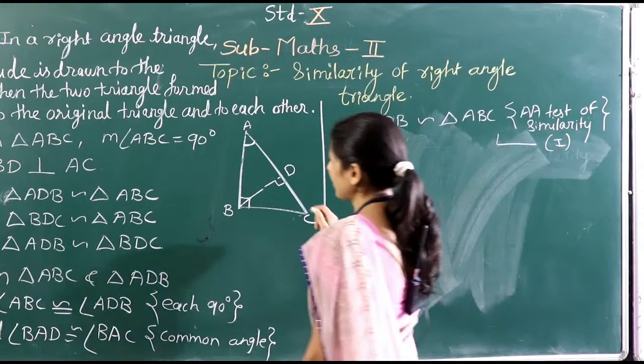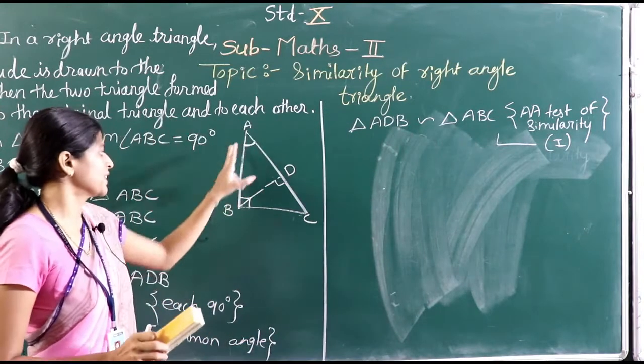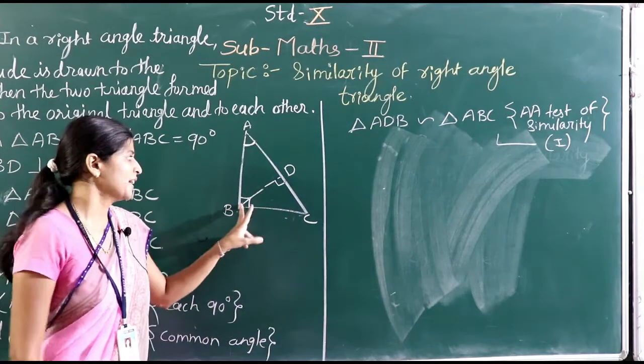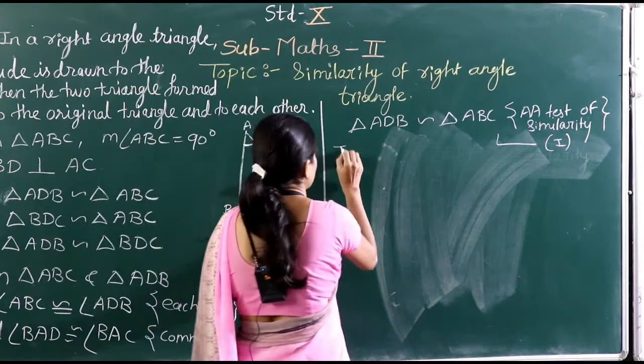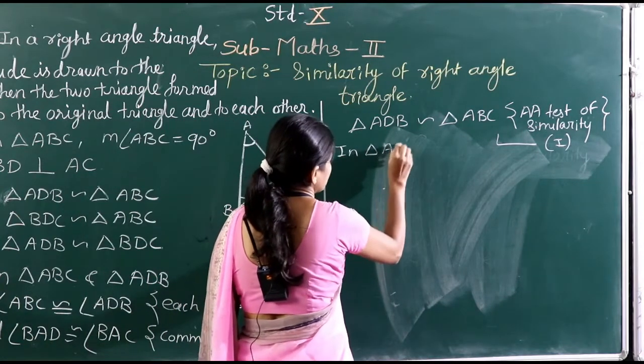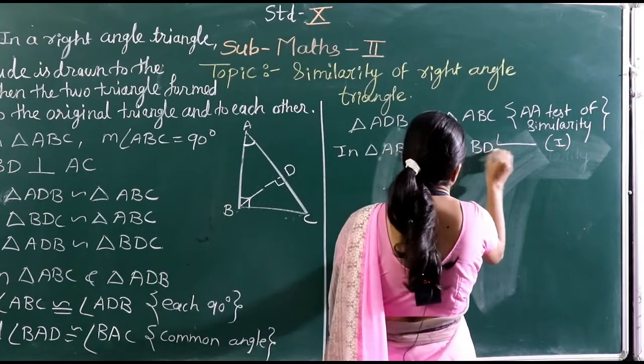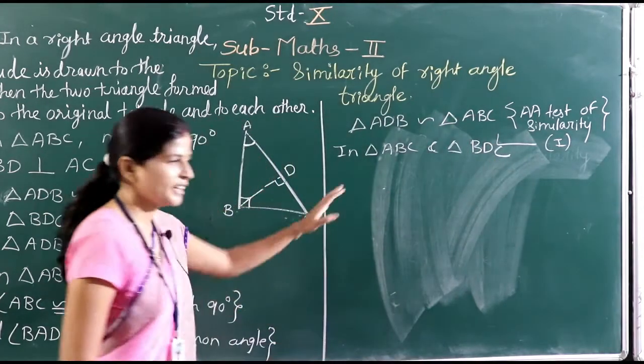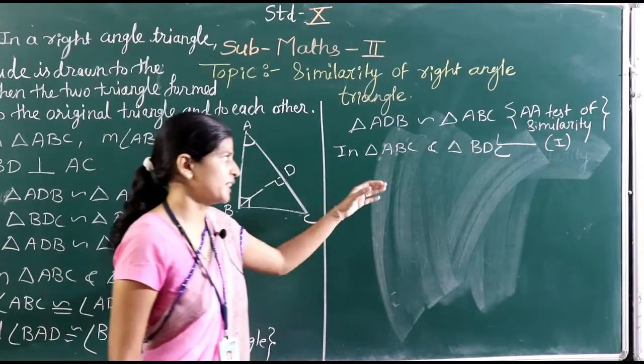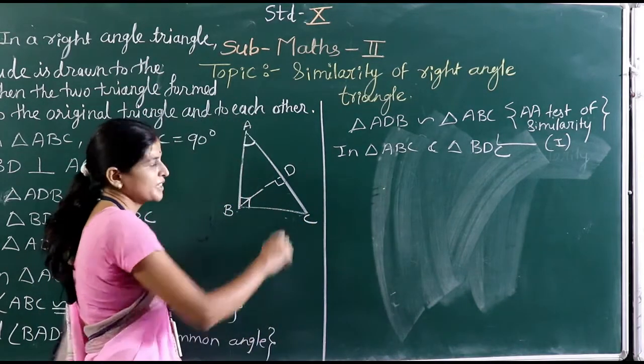Now we consider the next two triangles, that is the original triangle ABC and triangle BDC. Now in triangle ABC and triangle BDC, again we want any one of the four tests to make these triangles similar.